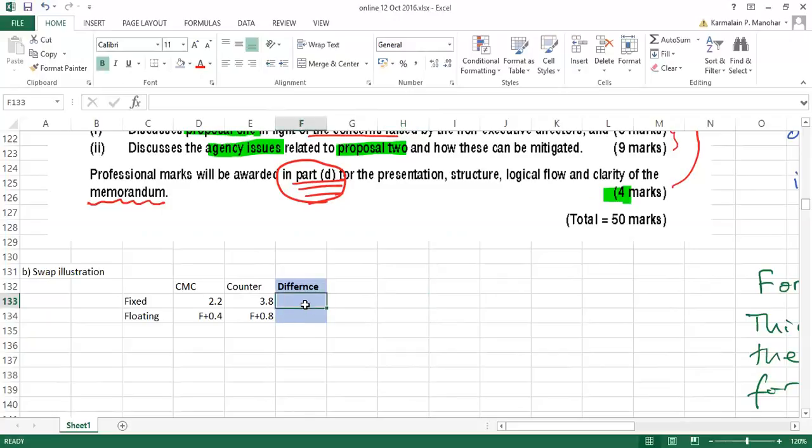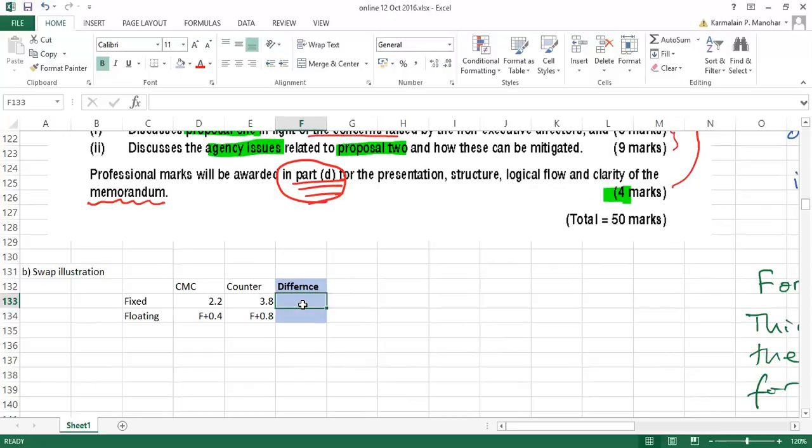If it chooses to go with the fixed, instead of suffering the fixed rate of 2.2, it can save on that 2.2 and actually pay less. So that's why it will carry out the swap.